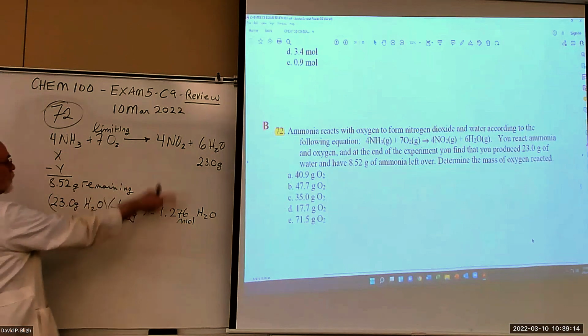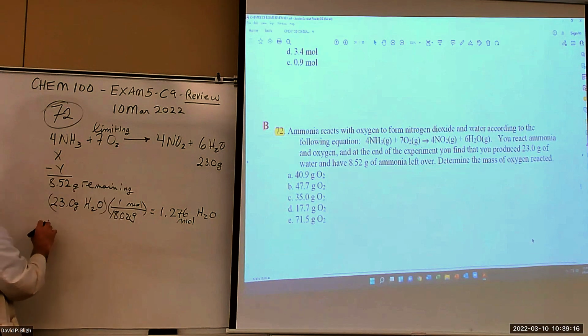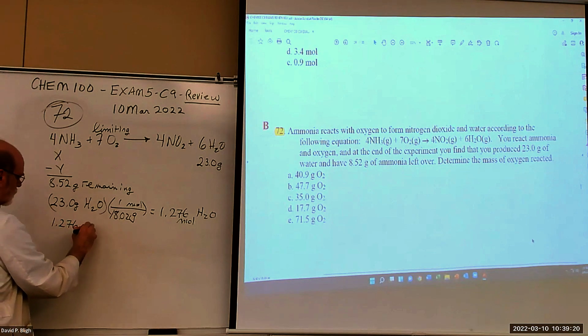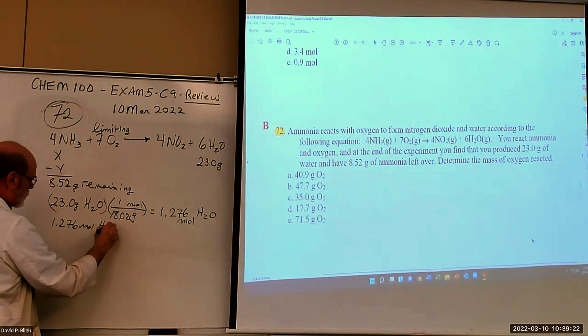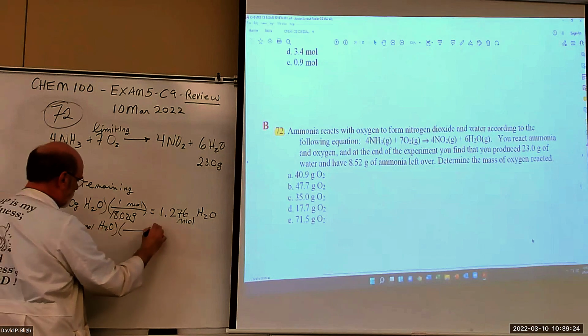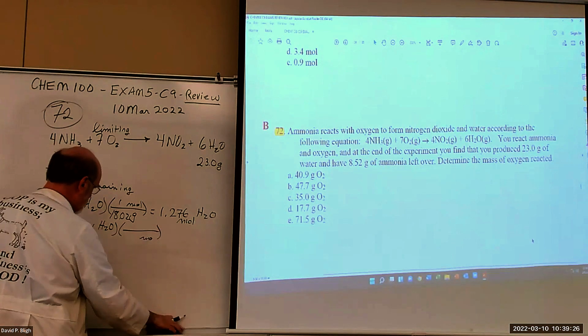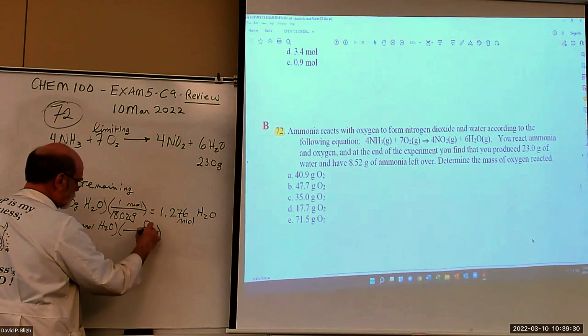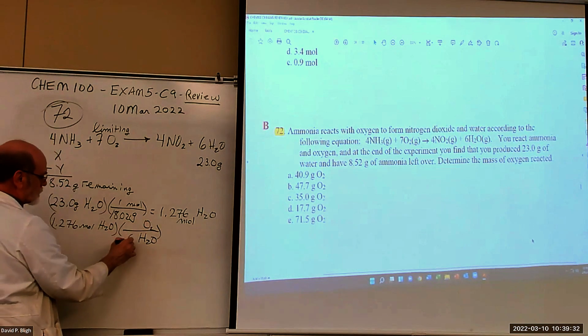Now we convert moles of water to moles of oxygen. Let's just write it this way. Water, oxygen. And the ratio is 6:7.